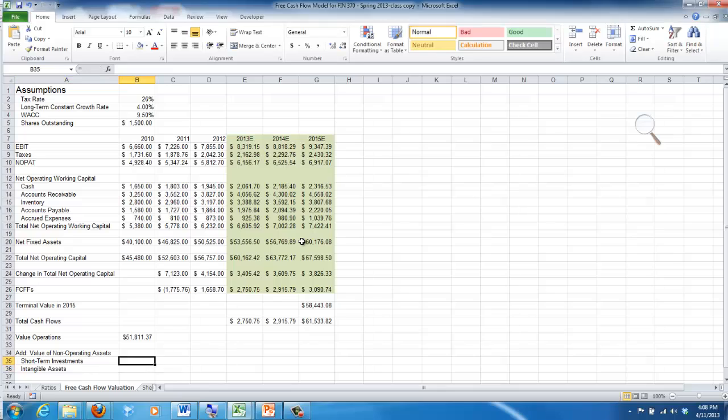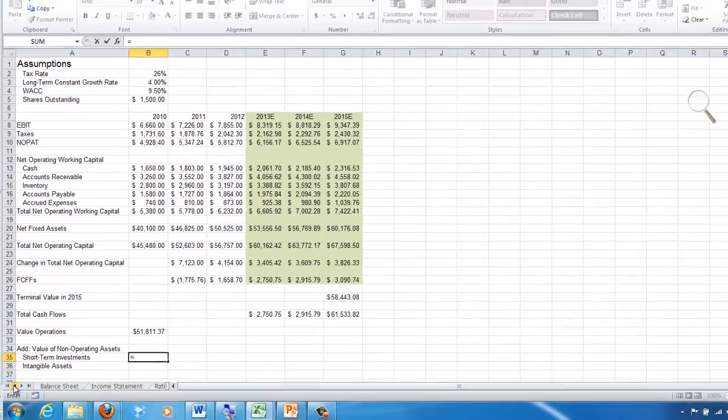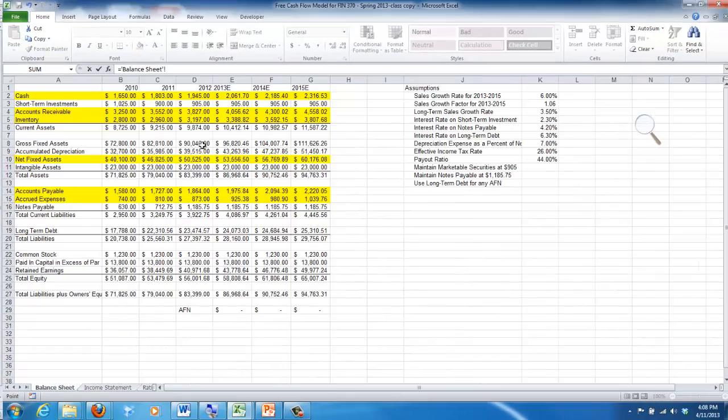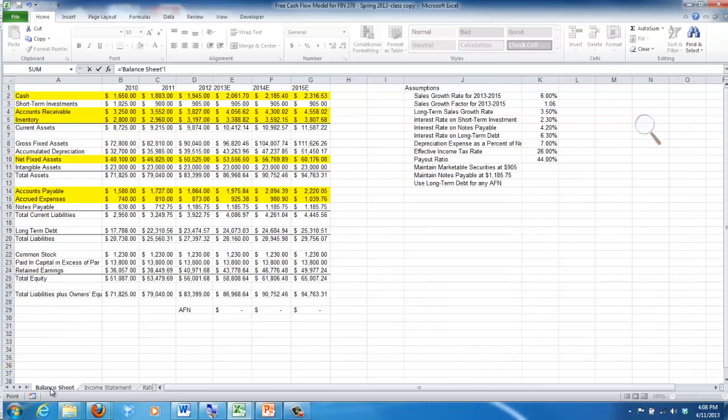Okay. So our short-term investments, I'm going to go back to the balance sheet. And these are going to be in 2012, because remember, that's when we're valuing the company, at the end of 2012. So our short-term investments are $905, and our intangible assets were equal to, in 2012, $23,000.